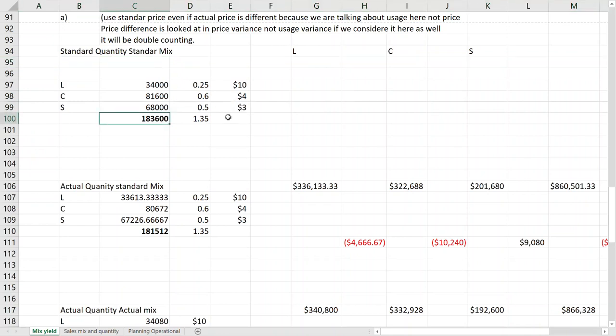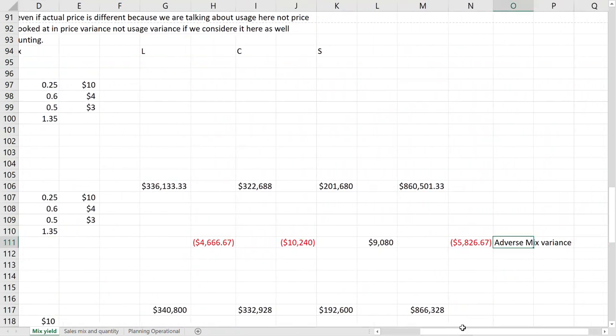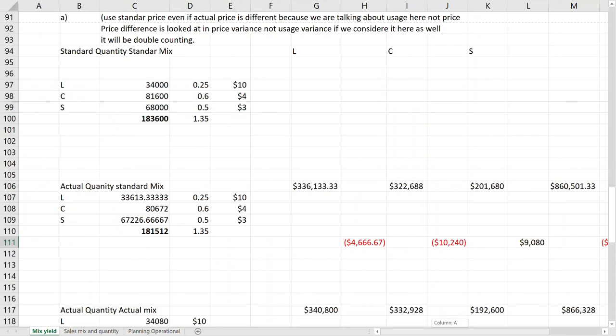What it basically means is, in standard, the output that I have achieved would have been achieved with 183,600 kgs. But we have achieved that with 181,512 kgs in terms of standard mix. So we have achieved more output with less input. Does that make sense? Even though that input was expensive, that is why we have adverse mix variance, but the overall output that we achieve from that is more.